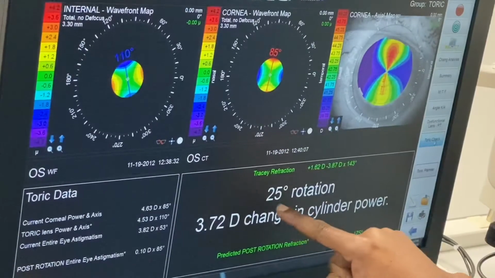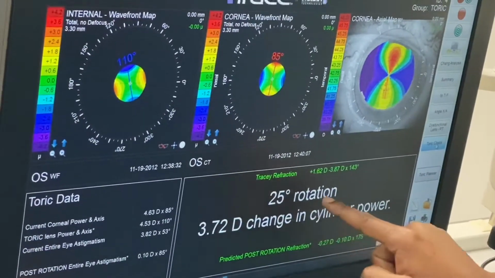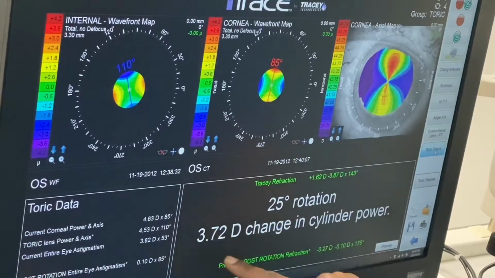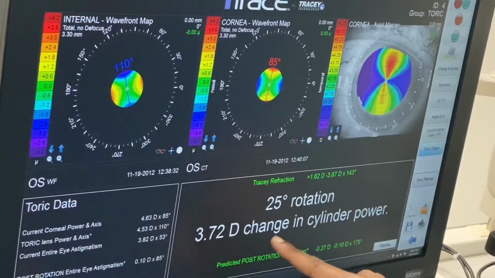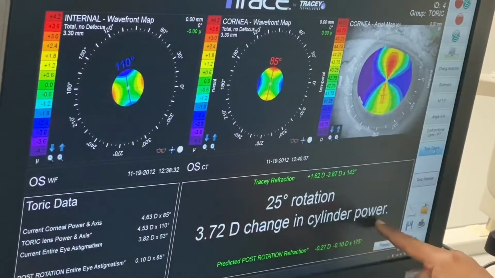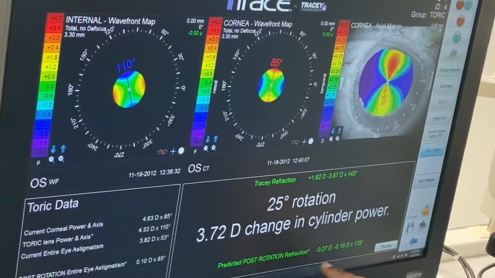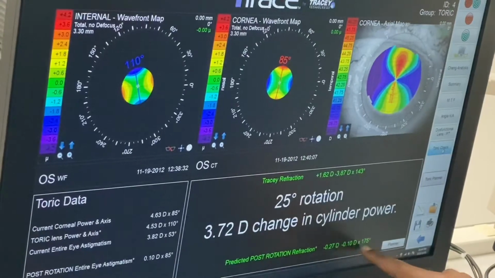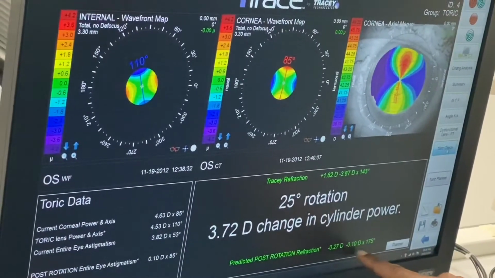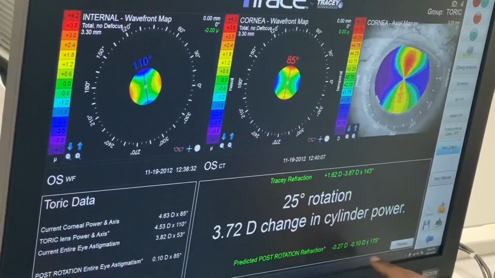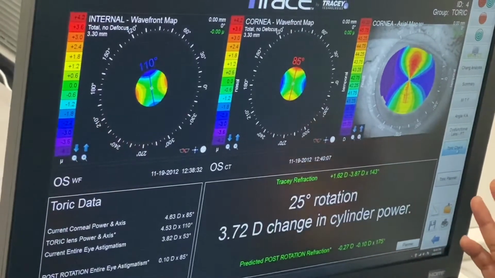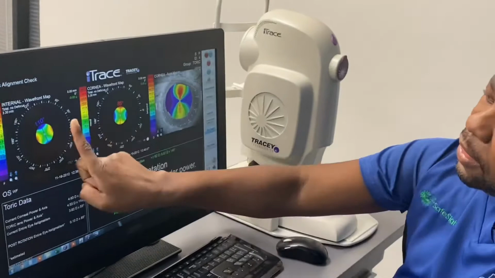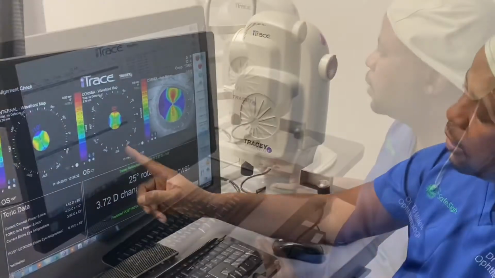And if we had to rotate the lens 25 degrees, we would get a 3.72 change in the cylinder power, and the patient will be left post-op with this little bit of astigmatism, 0.1 diopters. So with a patient like this, you'll be able to take the patient back to theater and turn the lens to the right axis.